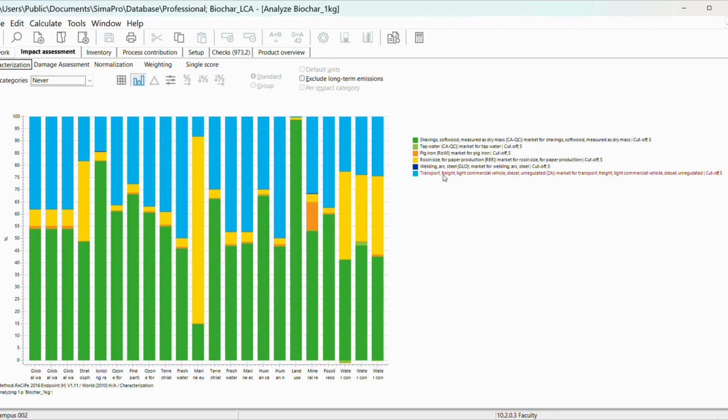So this is the second largest contributor, and then the third one is the yellow one, which is contributed by paper. And the global warming potential of welding activity is negligible because you cannot see it in this bar. That means its contribution is very, very less.